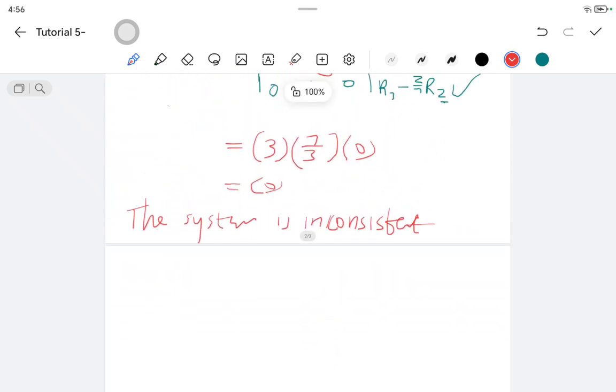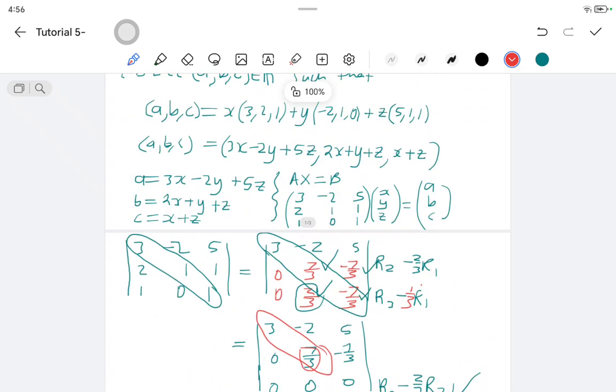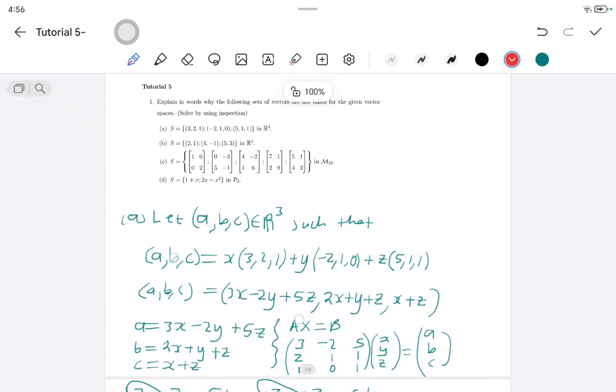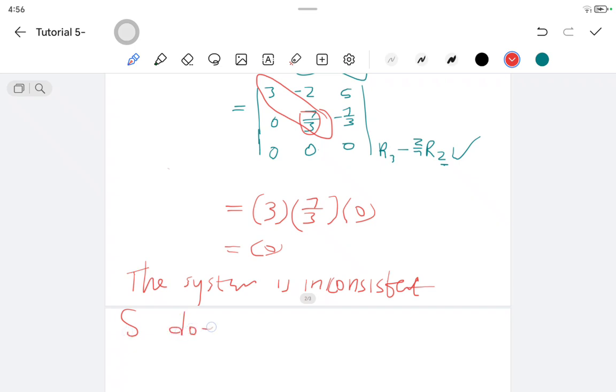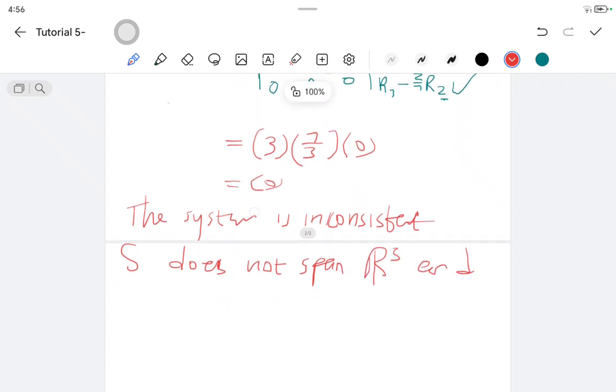If the system is inconsistent, it means that S does not span R3 and the vectors are not linearly independent.